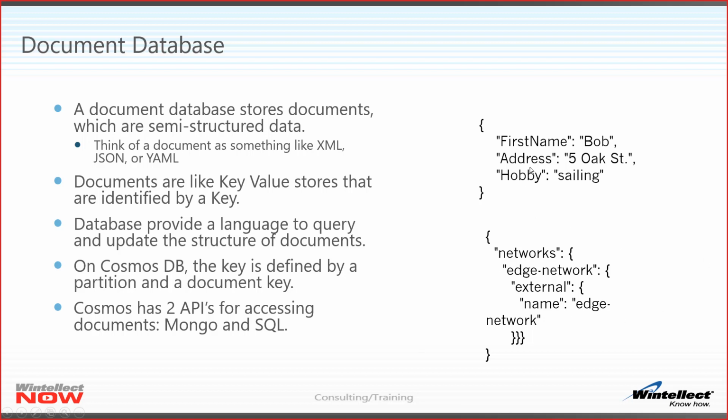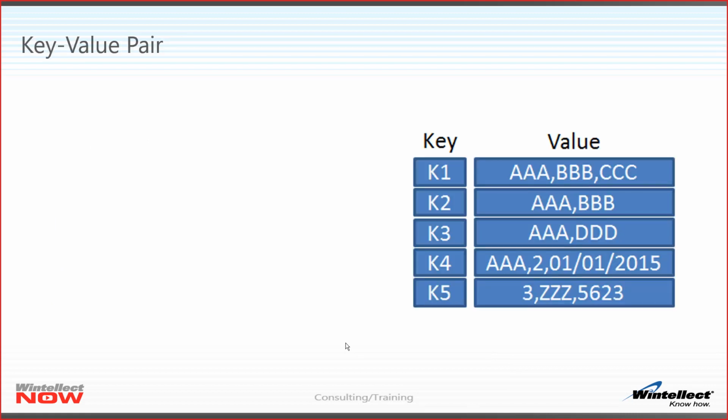So if I want to partition my data, I can say I want to partition it based on first name, and everybody that has the first name of Bob will be partitioned across the storage nodes. Or I can do it based on hobby or address, maybe by city or state or country. And I can do objects that look like this: network, edge network, external edge network, and so on. Basically documents that are JSON documents represented in a hierarchical fashion with key value pairs.